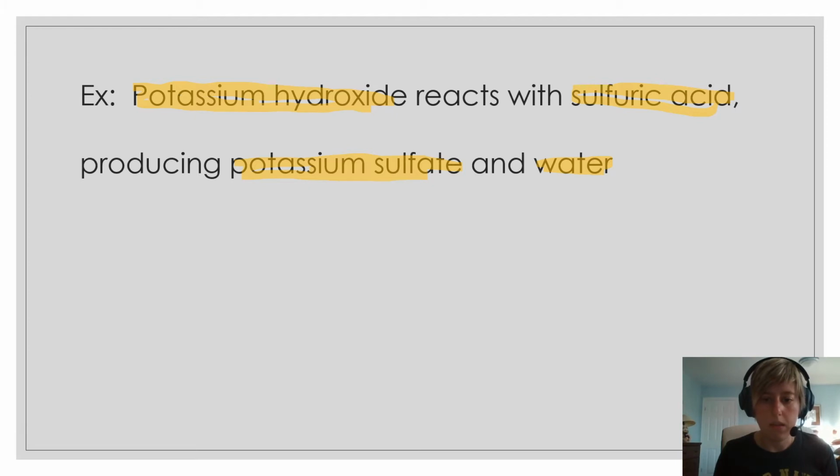The second thing that we want to do is highlight our buzzwords. Our buzzwords are words that denote whether I'm drawing a plus sign or a yield sign. So whenever I see words like react, whenever I see the word and, or if I ever see a comma, all of these signify a plus.